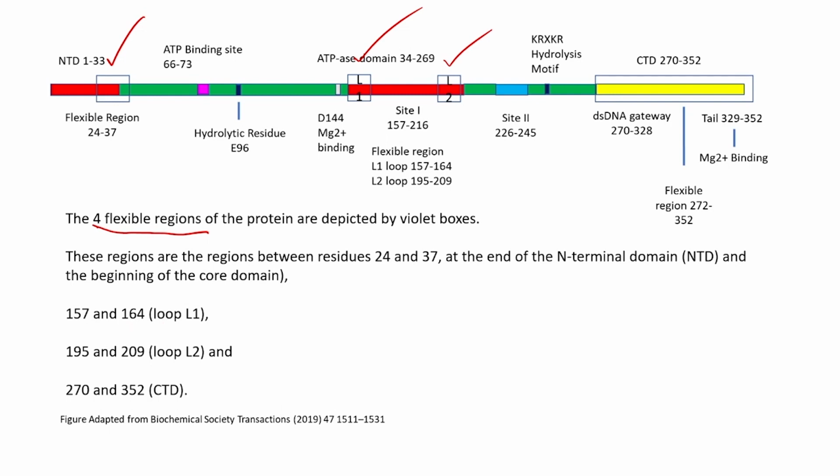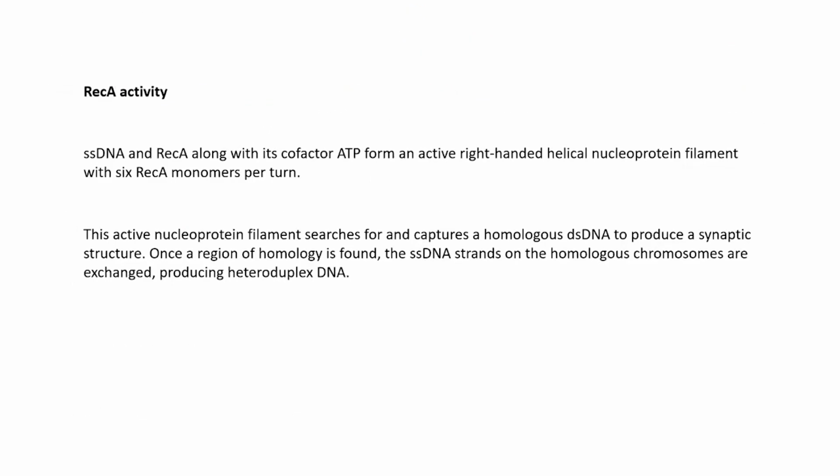The third one is L2, or loop 2, which lies between residues 195 and 209. The last one is the CTD, which lies between 270 and 352 amino acid residues.